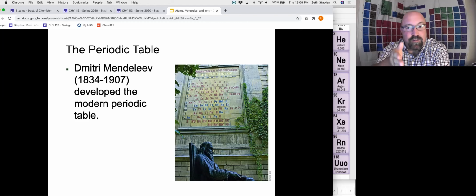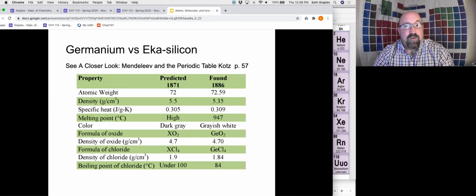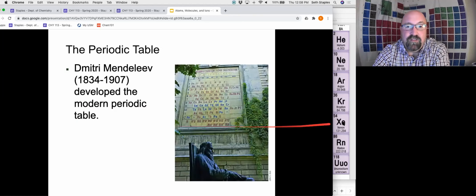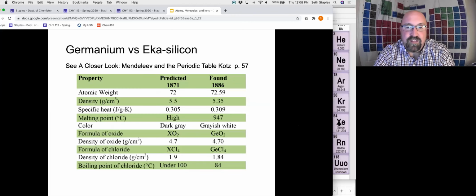And so then he started to line those elements up in columns according to those repeating patterns. He was so good that when he laid out his table, what he found is that there were gaps in there.